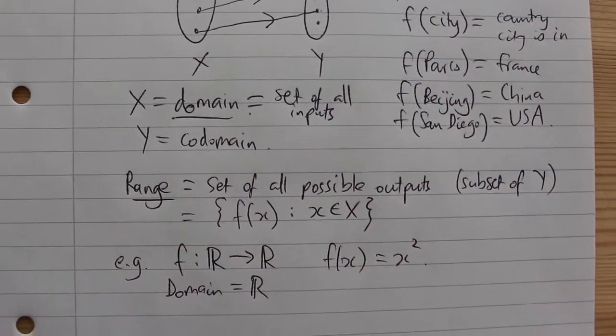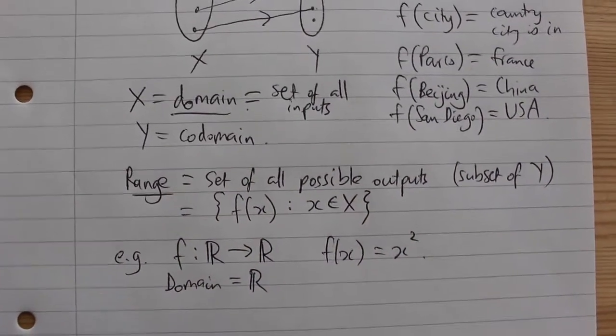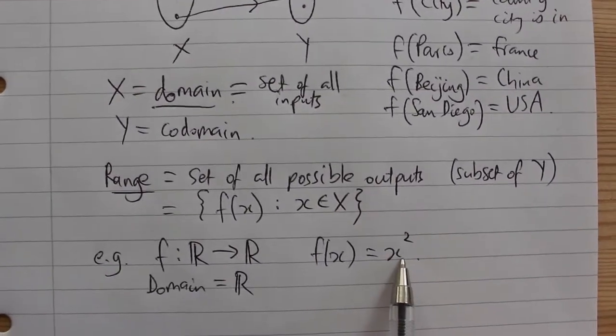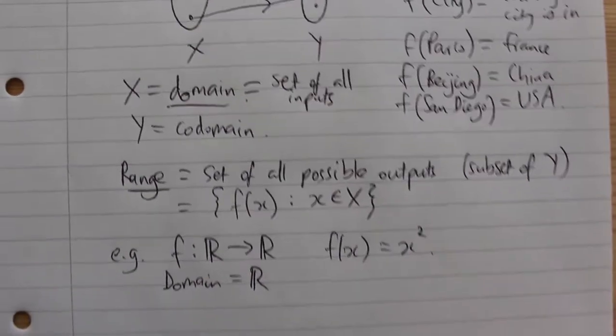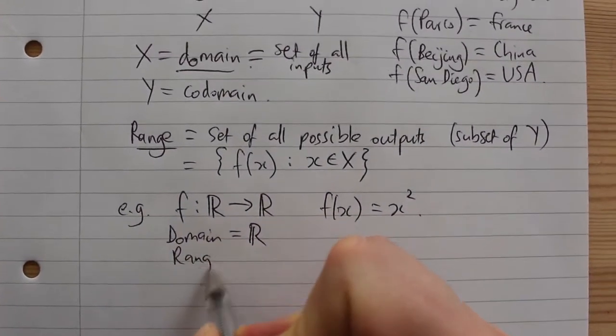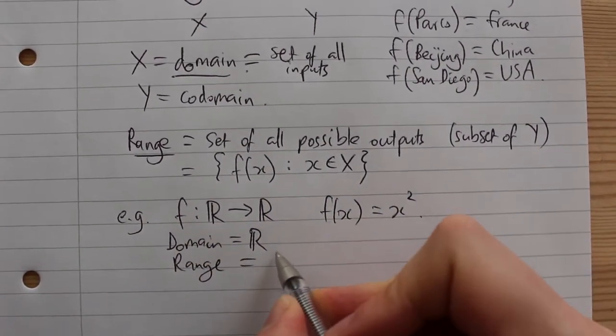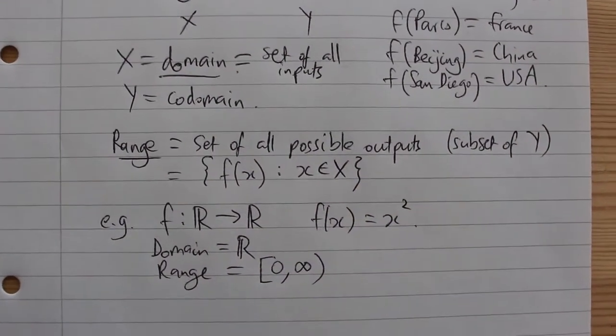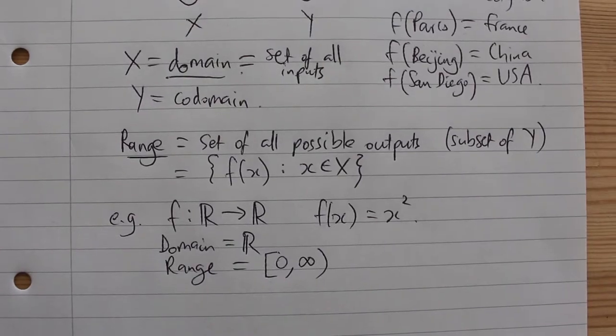What is the range? Well, the range is the set of all possible outputs. But we know if we square something, it's never going to be negative. So the range in this example is going to be the interval 0 to infinity. This is the set of all possible outputs.